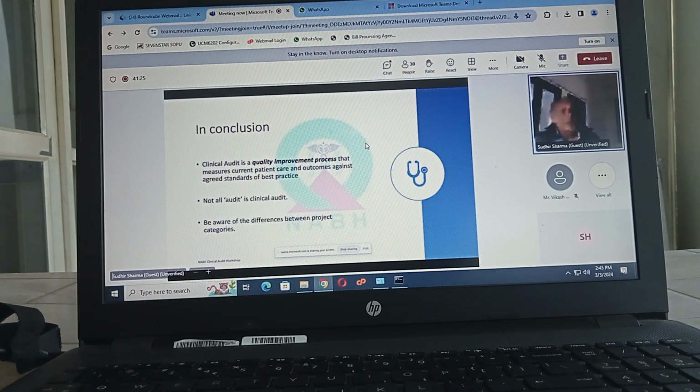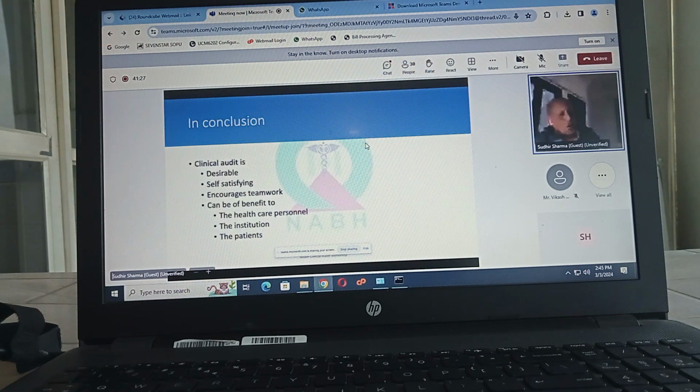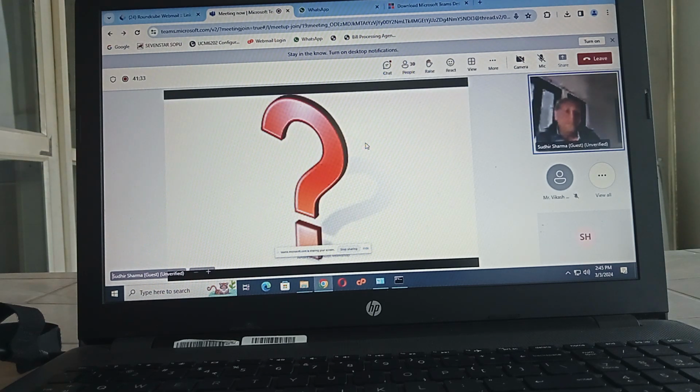So in conclusion, clinical audit is all of these and benefits the healthcare industry. We come to the end of only the introduction. I hope you understand.